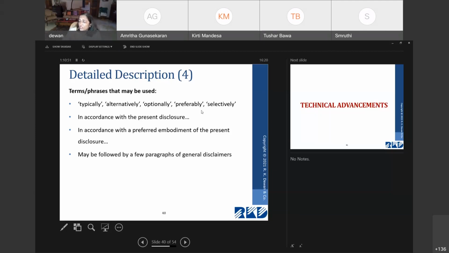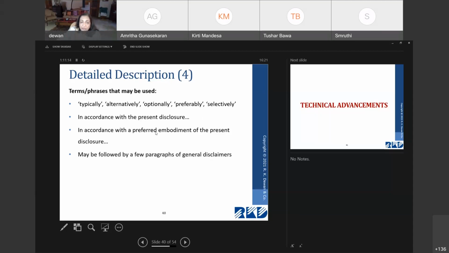Suppose one of the ingredients or steps is optional. You can write about your main invention, and then say optionally I can add this also, or optionally I can do this step also. In that case your claim is not limited by that step. So these words can also be used, in accordance with our present disclosure.